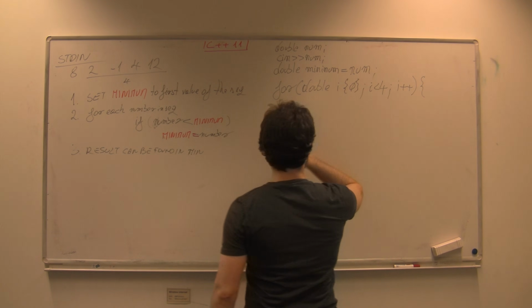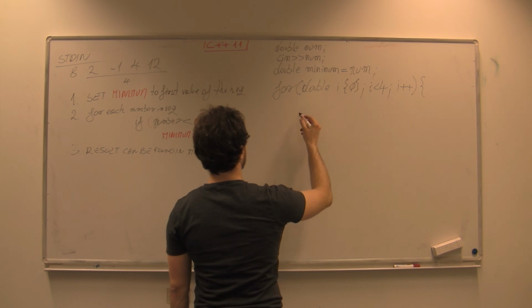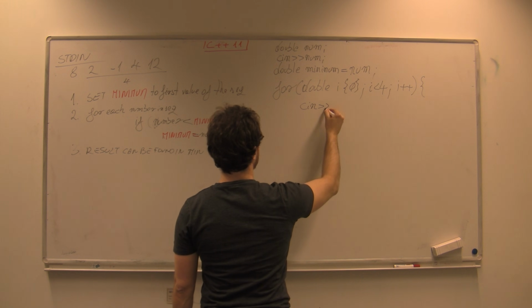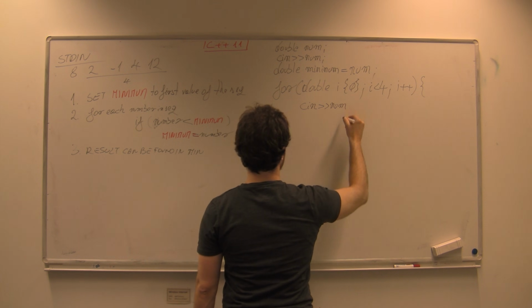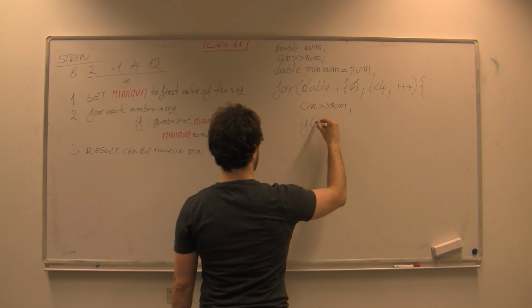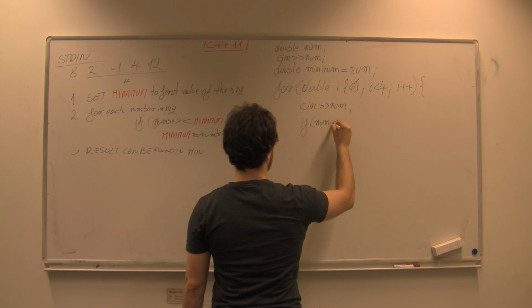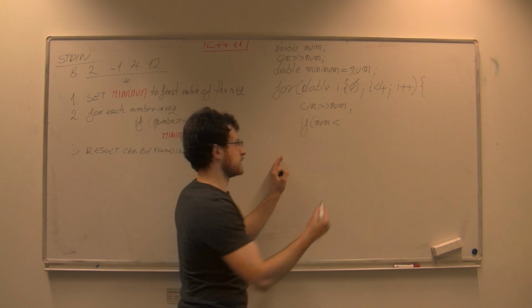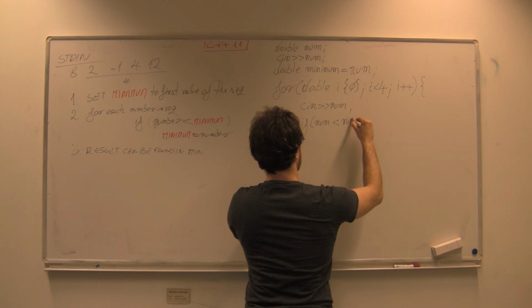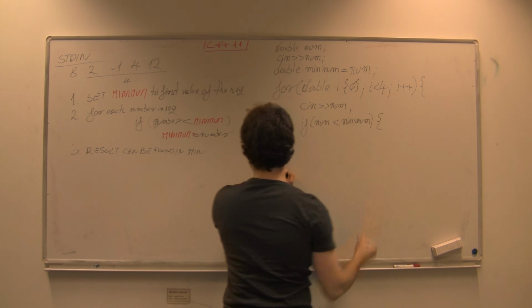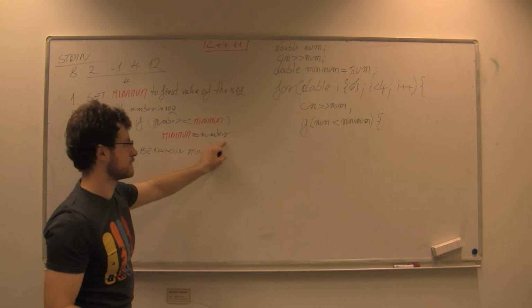If the number that we read from standard input is smaller than the value stored in the variable minimum, we perform this.